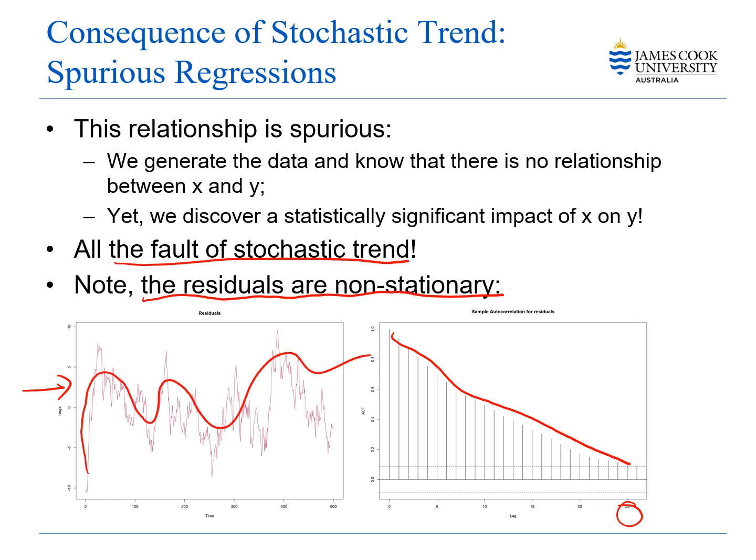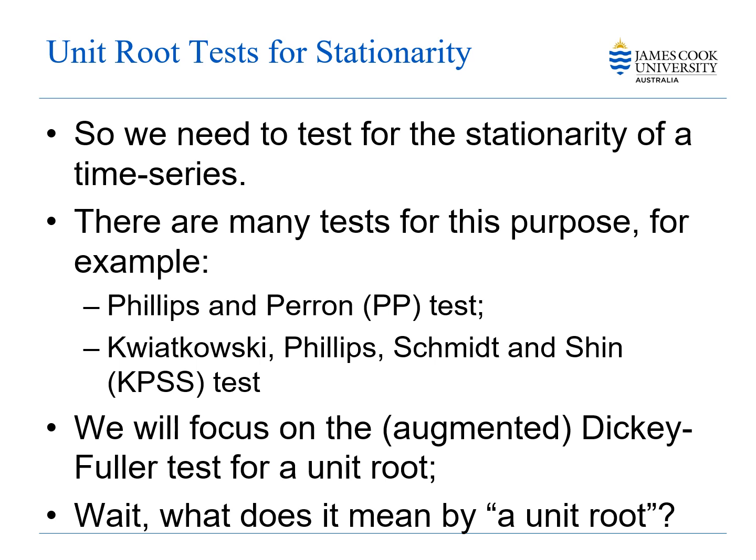Okay, so this is the undesired consequence of stochastic trends. We end up having these spurious regressions. Despite X having no relationship with Y, we end up finding one.